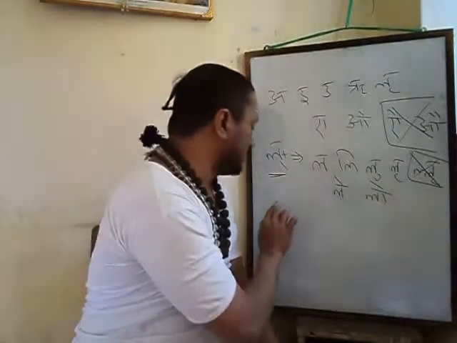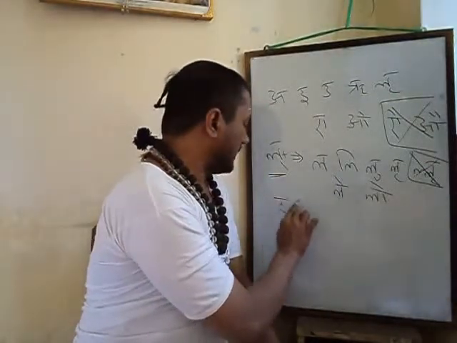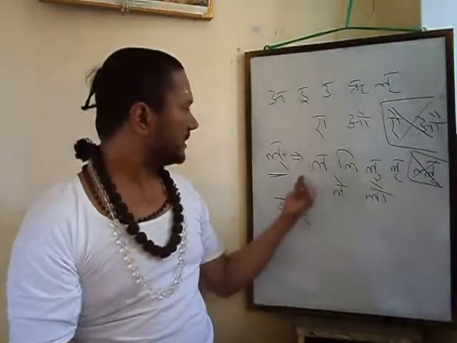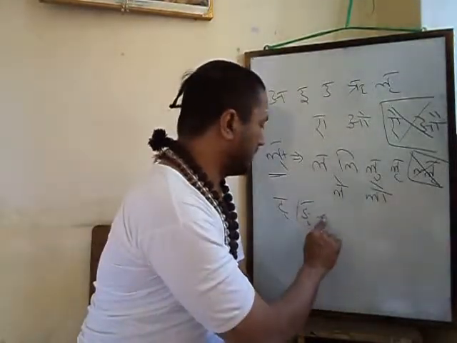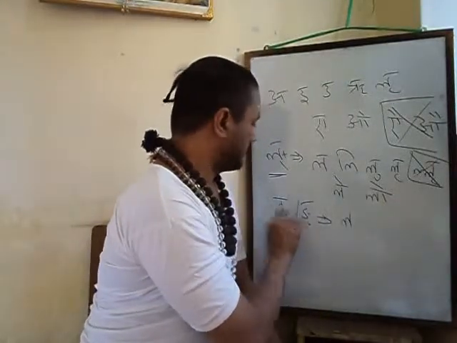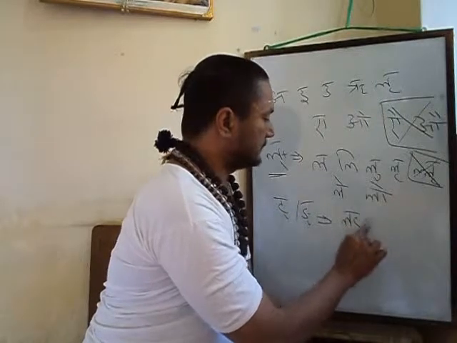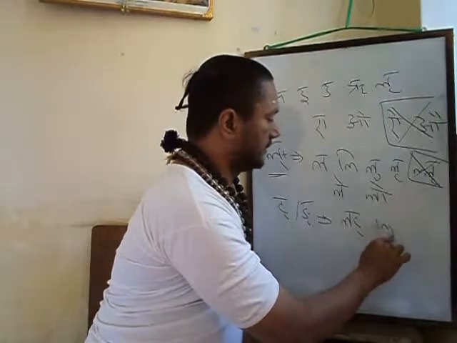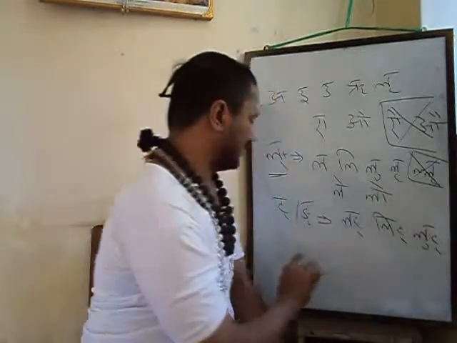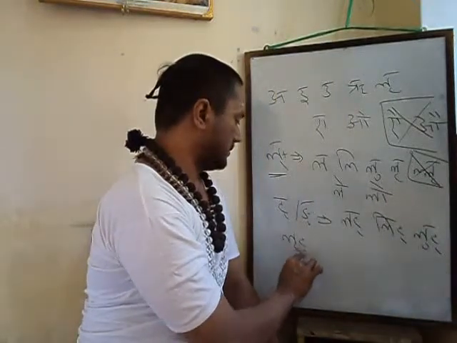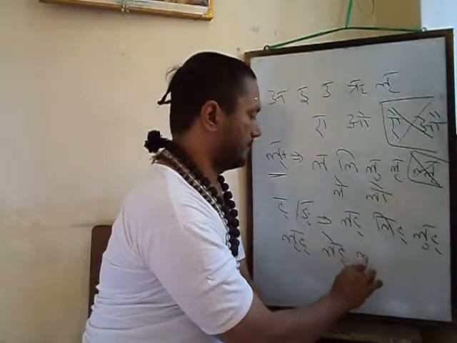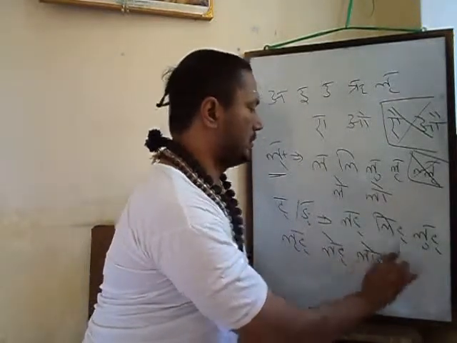Now with this result, I will add Takara or Nakara. With whatever we got, I will add this. So we get Lat, Lit, Lut, Rit, Late, Lot.